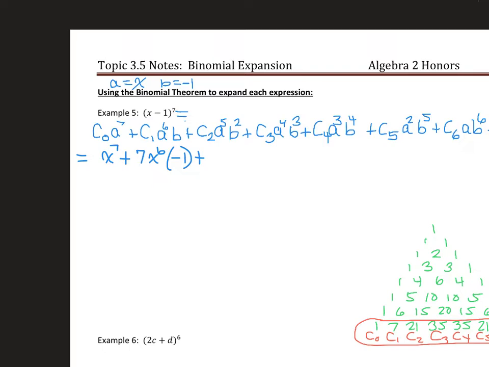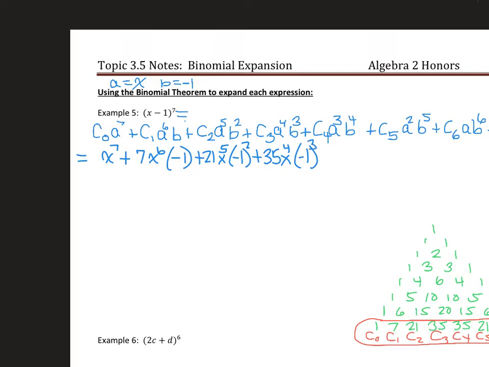C sub 2 is 21, x to the 5th, times negative 1 squared. C sub 3 is 35, times x to the 4th, times negative 1 cubed.